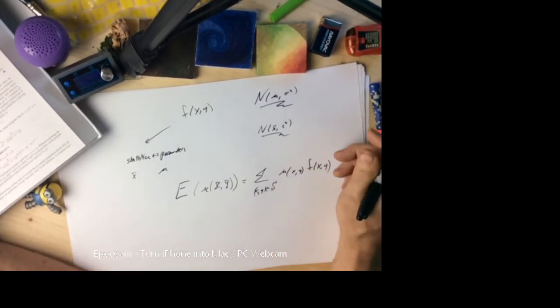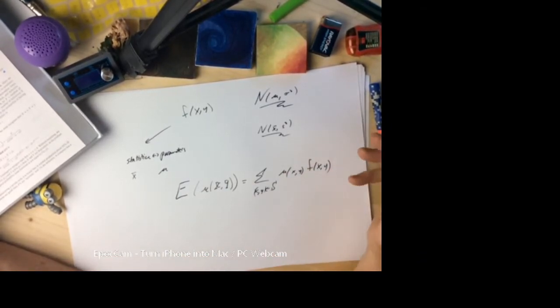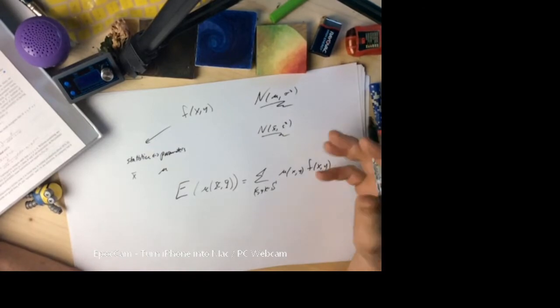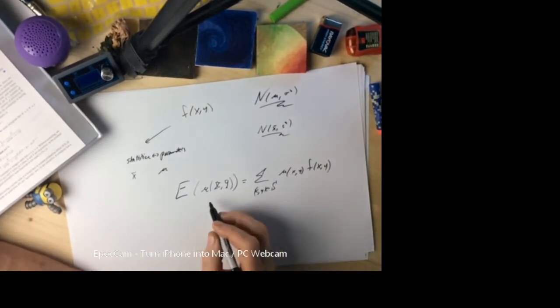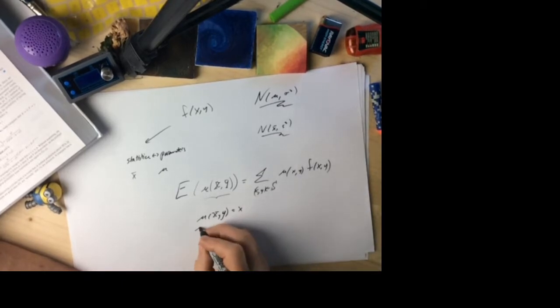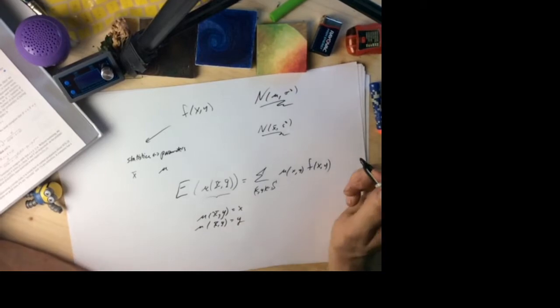one might sample this probability, and you get these pairs. One might ask, well, what's the expectation of just the x value, and what's the expectation of just the y value? In other words, it might be very useful to just put in mu of x, y as just the x variable, or mu of x, y as just the y variable.